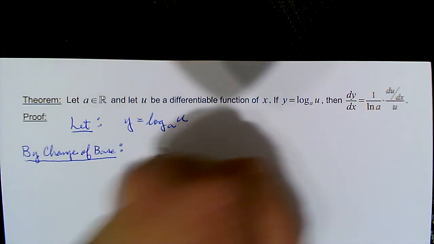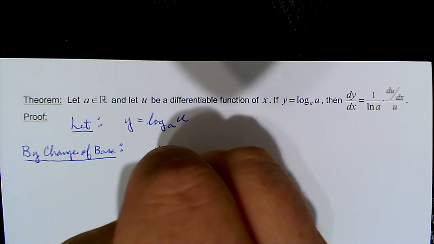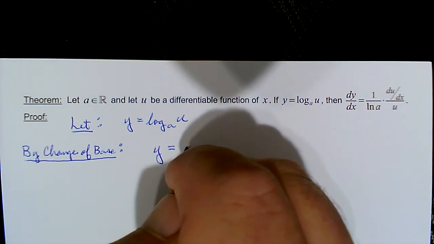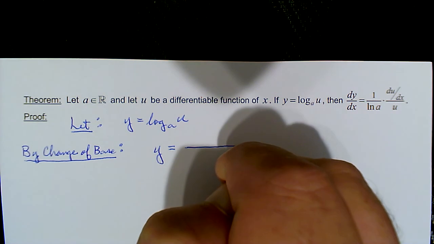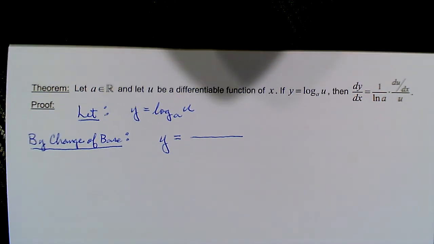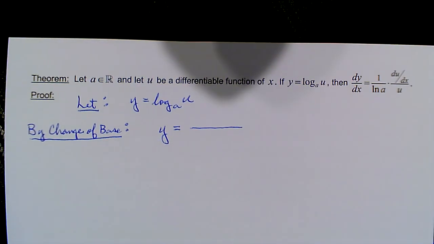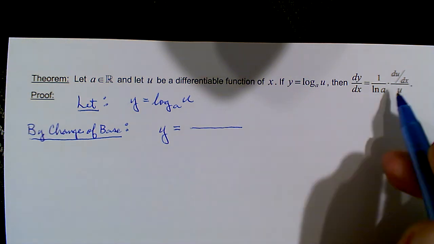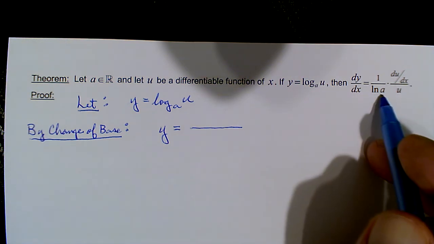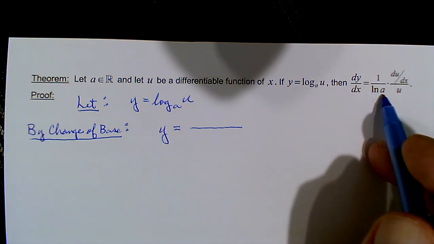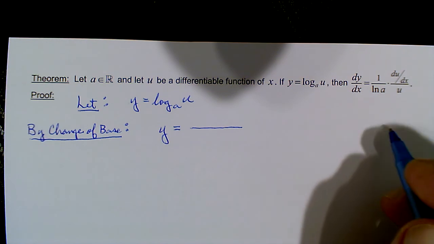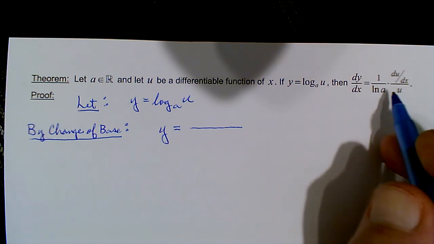we're going to change the base a to a different base. And you probably should know what base we would choose, because, well, look at the formula. The formula contains a natural log, and the natural log is a base of e. So, Euler again. And so we change the base to e.